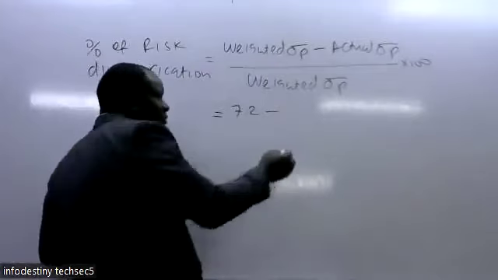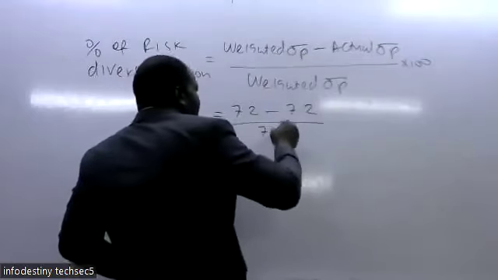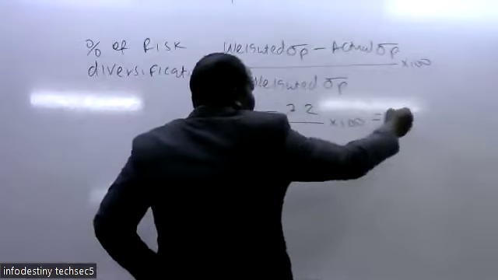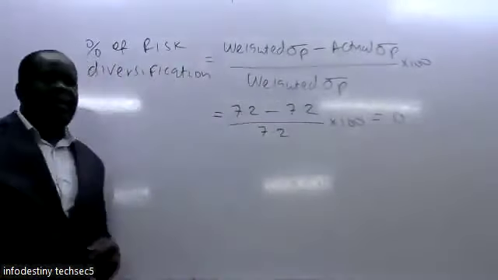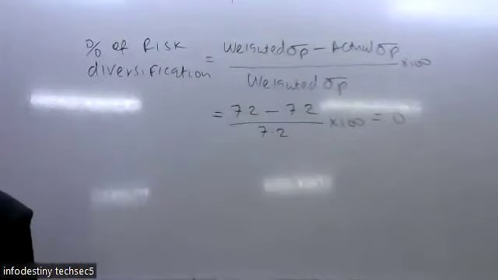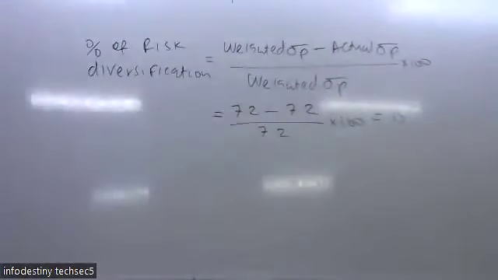Actual, we have also gotten 7.2. Divide again by 7.2. When you express it as a percentage, you will be able to get it as a 0.